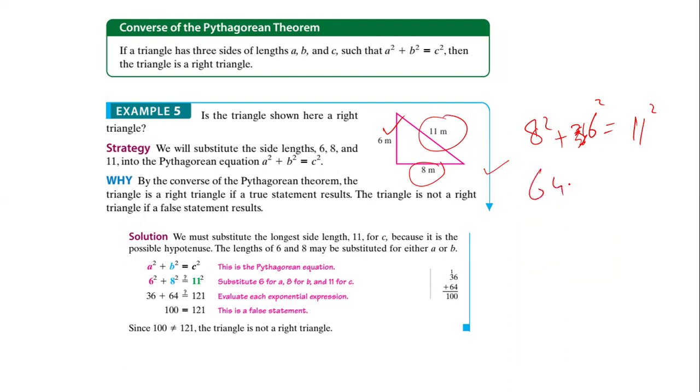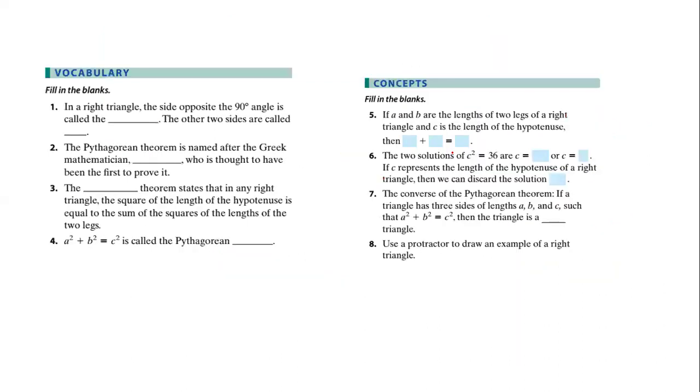This is 64 plus 36, that is 100, and that is 121. Are these equal? No, not equal. So it means the given triangle is not a right angle triangle. For a right angle triangle, the square of the longest side must be equal to the sum of the squares of the other two sides. So this is not a right angle triangle.